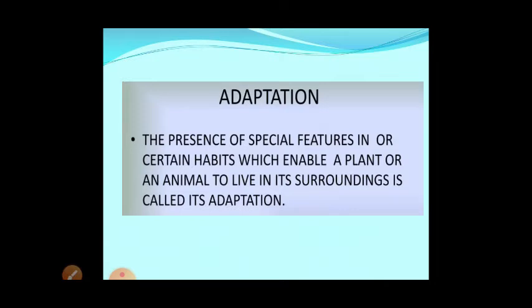The stem prepares the food for the plant in the desert. In that way, it is adapting these characteristics to adjust to that habitat, those surroundings. That is called adaptation. We can see adaptation in plants as well as animals. We will see one by one.